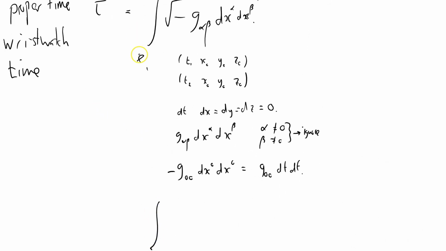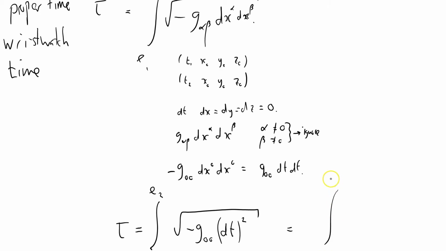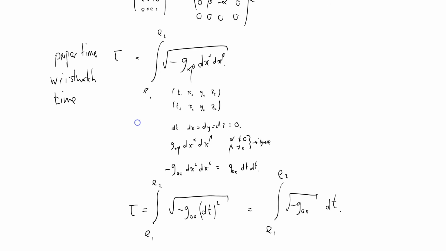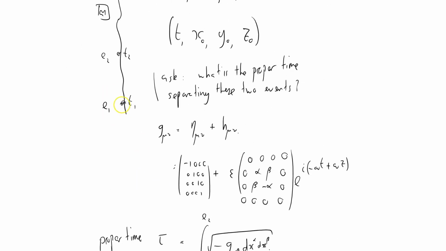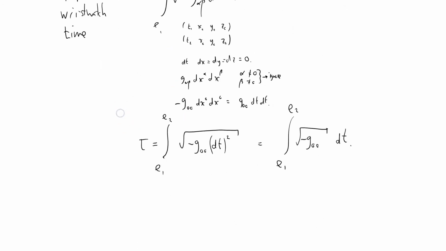So let's go back to what we're trying to do. We're going to have the integral from event 1 to event 2, this is proper time tau, which equals the square root of minus g00 dt squared, equals the integral from event 1 to event 2 of the square root of minus g00 dt. You'll remember that the events I've chosen are indexed by t1 and t2 along the world line of the fish tank, so I can just substitute for that.